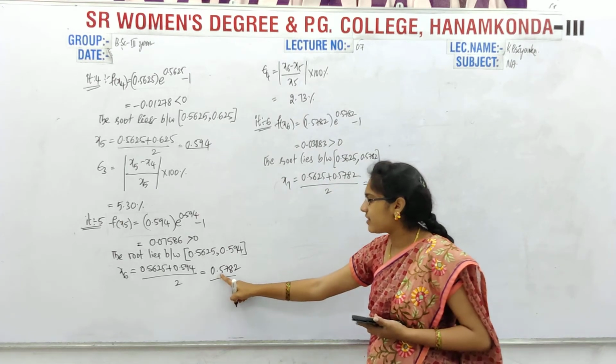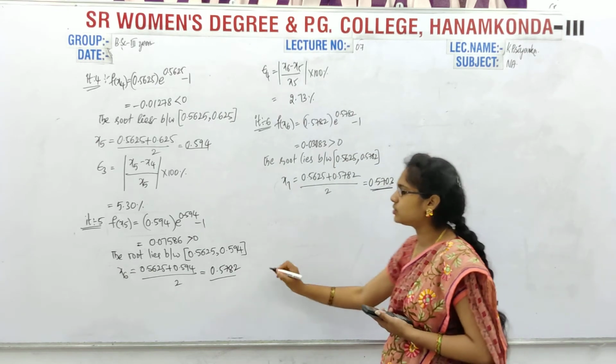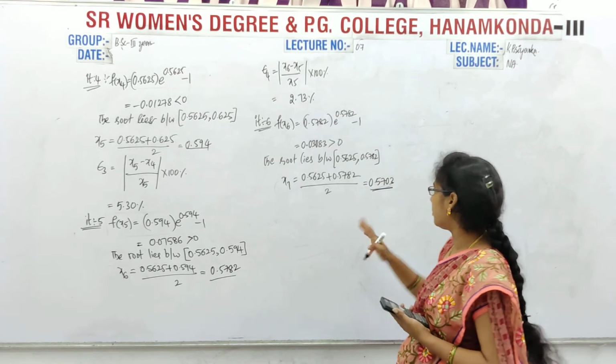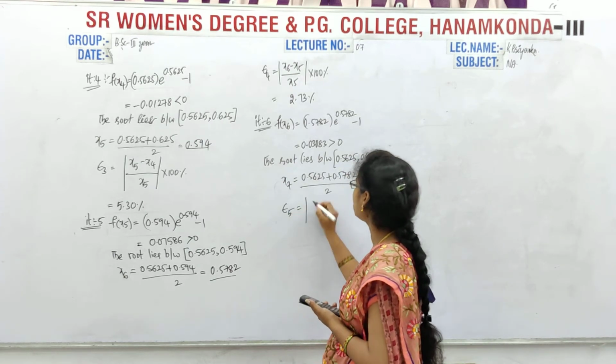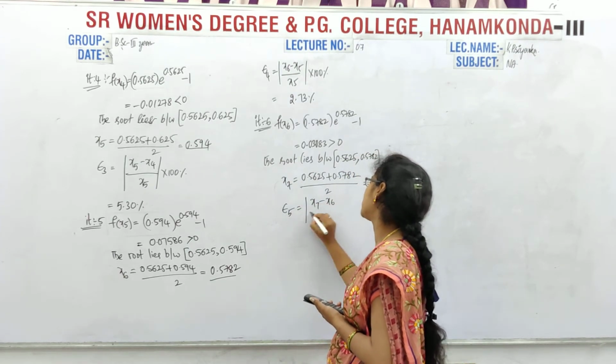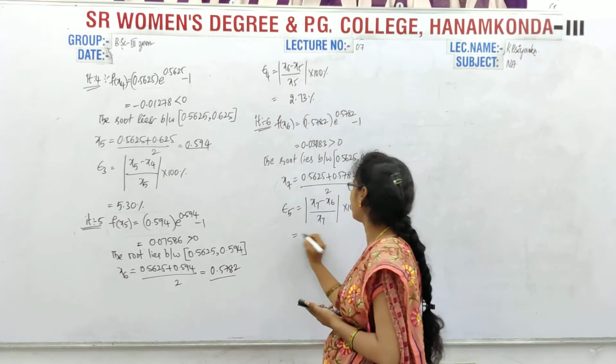It is 0.5703. See here 0.5782 and next here we have 0.5703. Two digits are the same. Now we have to calculate epsilon 5, that is (x7 minus x6) by x7 into 100%.